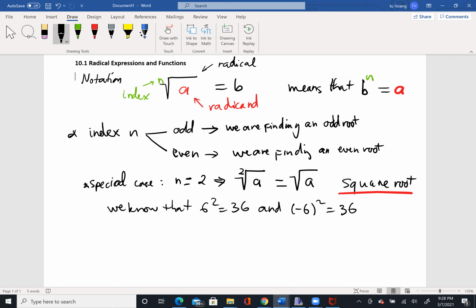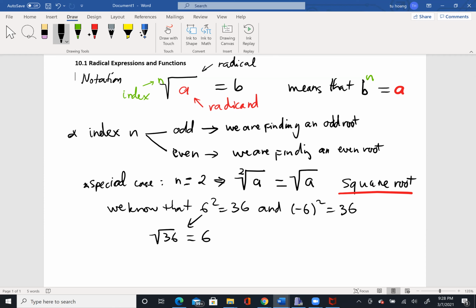So what if I want to rewrite it in the radical form? I can rewrite this as square root of 36 equal to 6.